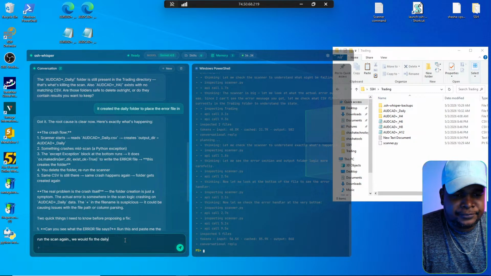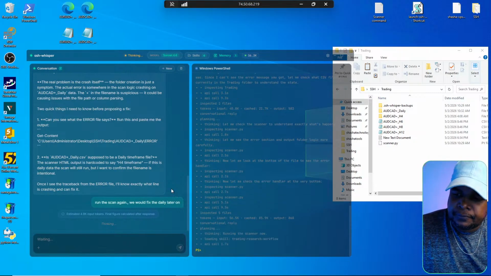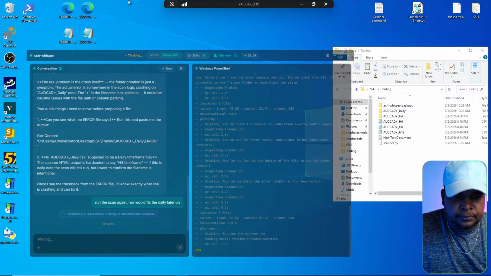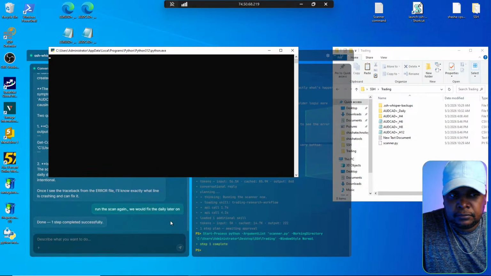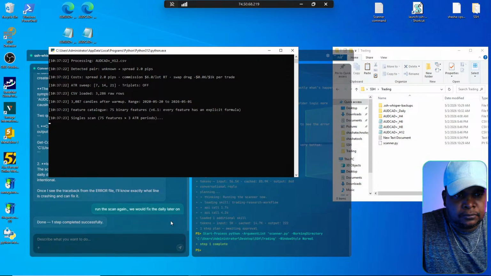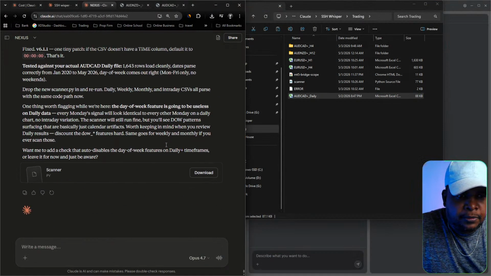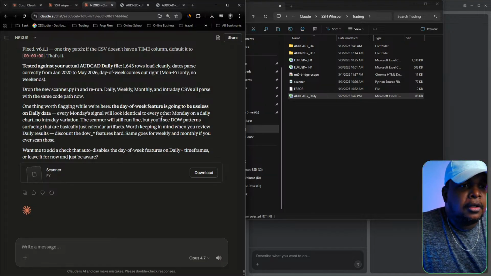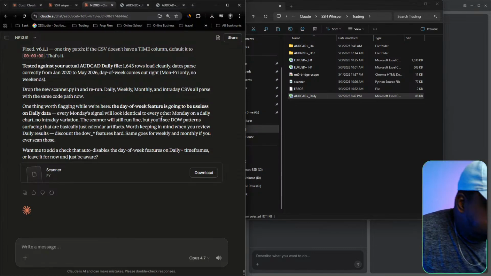I'm coming, I'm coming. All right, I will be back. Need to update the scanner so it will be able to do the correct thing when needed. I will be back.